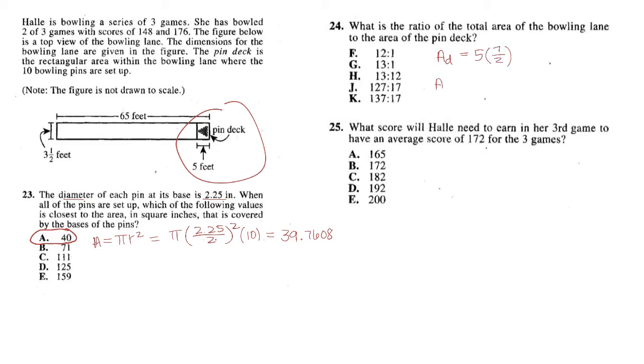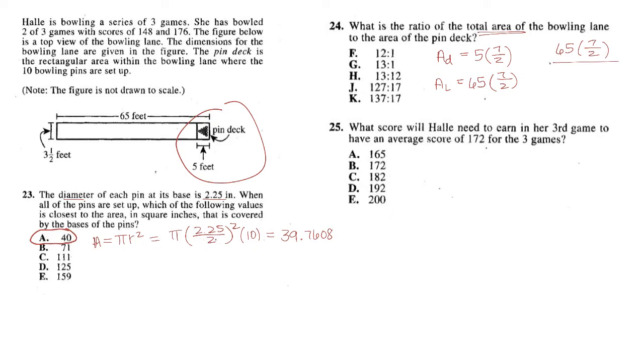And then the area of the bowling lane, that looks like that's going to be 65 times, and it still has the same width, 7 halves. So if we look at the ratio, the total area, that's going to be 65 times 7 halves. Notice I'm not multiplying any of this out yet.